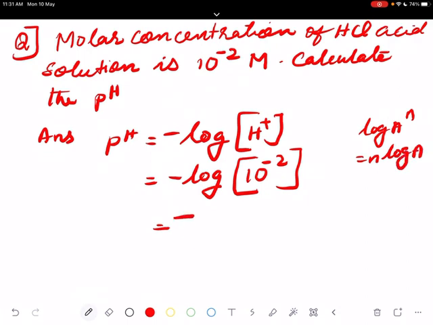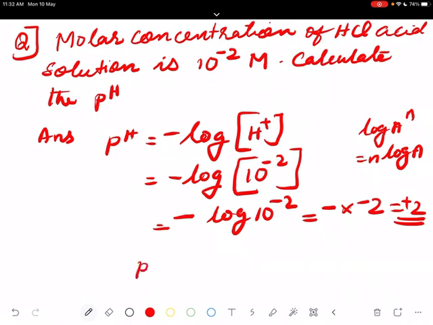So minus log 10 to the power minus 2 means minus of minus 2, that is plus 2. So pH is equal to 2. pH equal to 2 means it is highly acidic. The solution given is highly acidic.